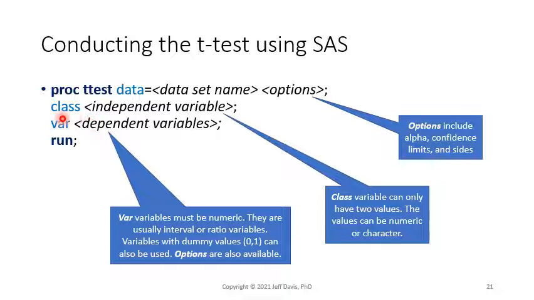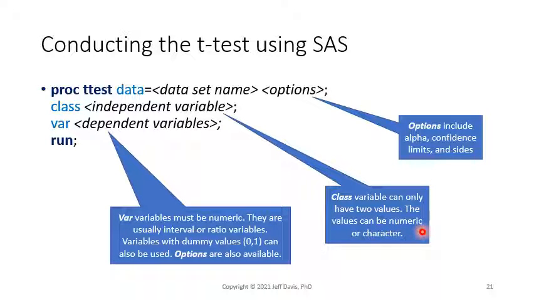The class statement here is where you list your independent variable. This is your variable that has only two values, and those two values differentiate the groups that you want to compare. The values can be numeric or they can be character.